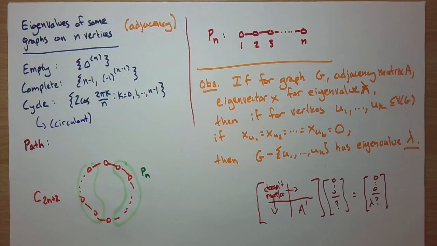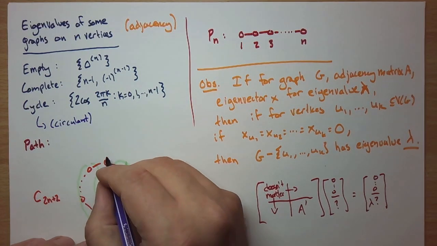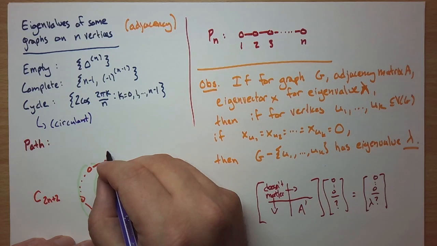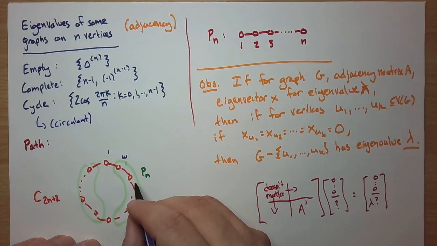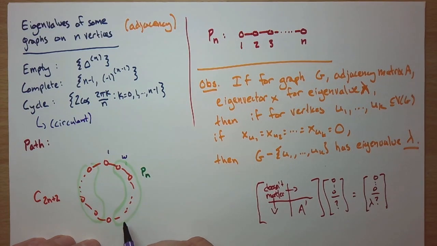Now, we just need a few more reminders. We know what the eigenvalues look like, and we know what the eigenvectors look like, right? Because we said the eigenvalues are these 2 cosine 2 pi k over n. But the eigenvectors had a very particular form, namely, they were roots of unity. So you had a 1, then there was an omega, and so forth and so on.